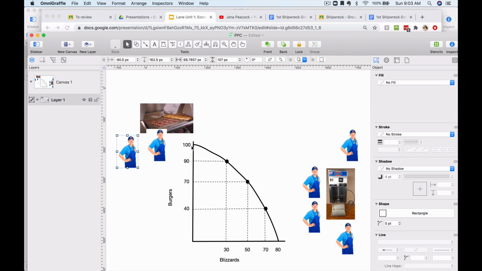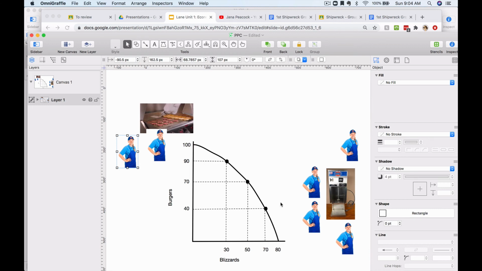You create your PPC by mapping the maximum amount you make if everybody's working as hard on burgers as they possibly can, or everyone's working as hard on blizzards as they possibly can. Then you plot out where you move folks, or if I'm having you draw one for class, you just connect your dots with a curved line, and you'll have your PPC.